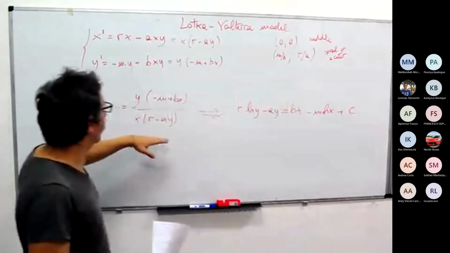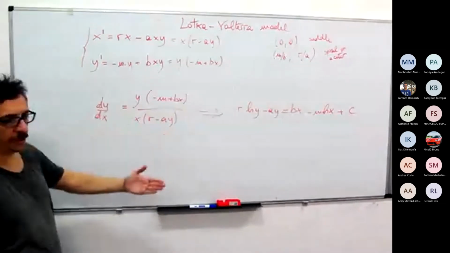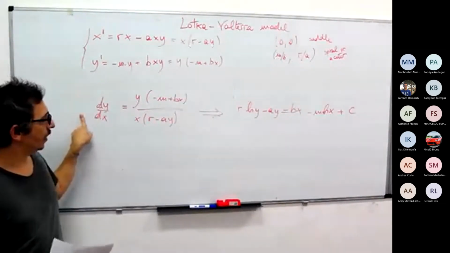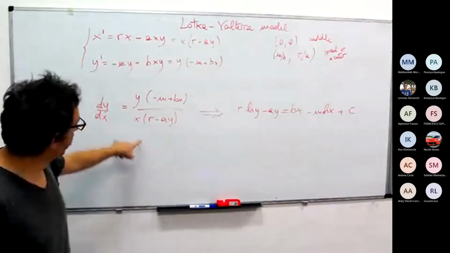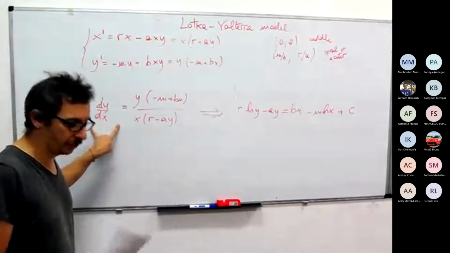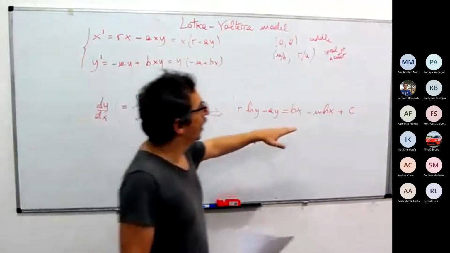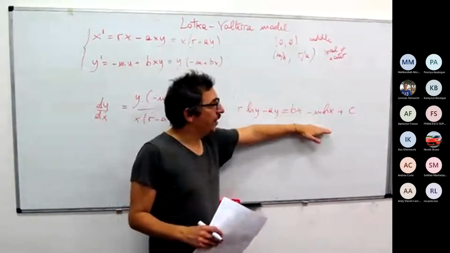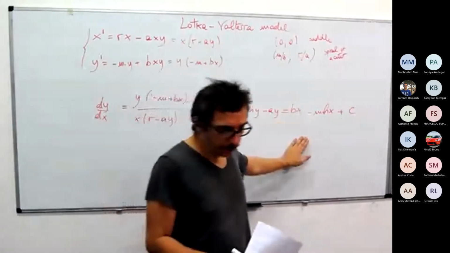So this is something that you can obtain. It's not difficult. You can try. It's just by separation of variables. This is an easy differential equation that you can integrate by separation of variables. So this will be a solution. This is basically the expression of your orbits.